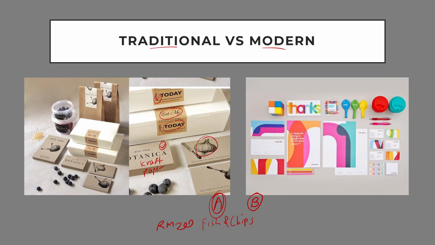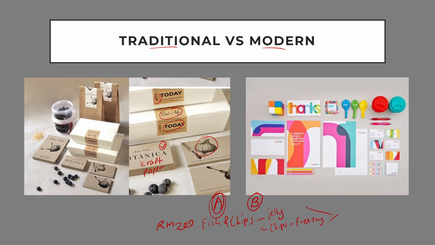Okay. Between A and B, which one will charge you 200 ringgit for fish and chips? But the fish is made into a jelly, and the chips are actually cooked using freezing.